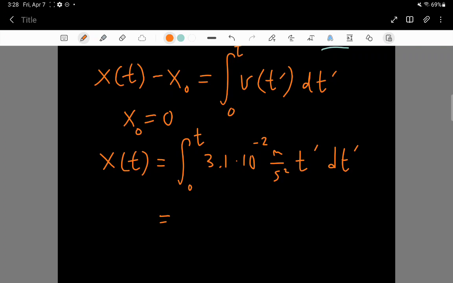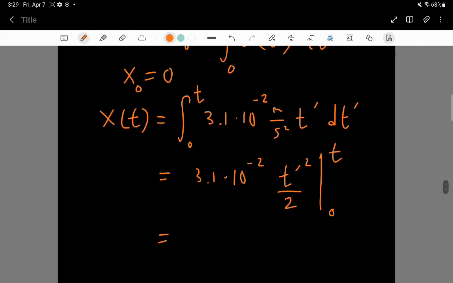So the integral is going to become 3.1 times 10 to the minus 2 t prime squared over 2. That's the integration, and you have to evaluate at the bounds from 0 to t. And so what you get is 3.1 times 10 to the minus 2 divided by 2 t squared.